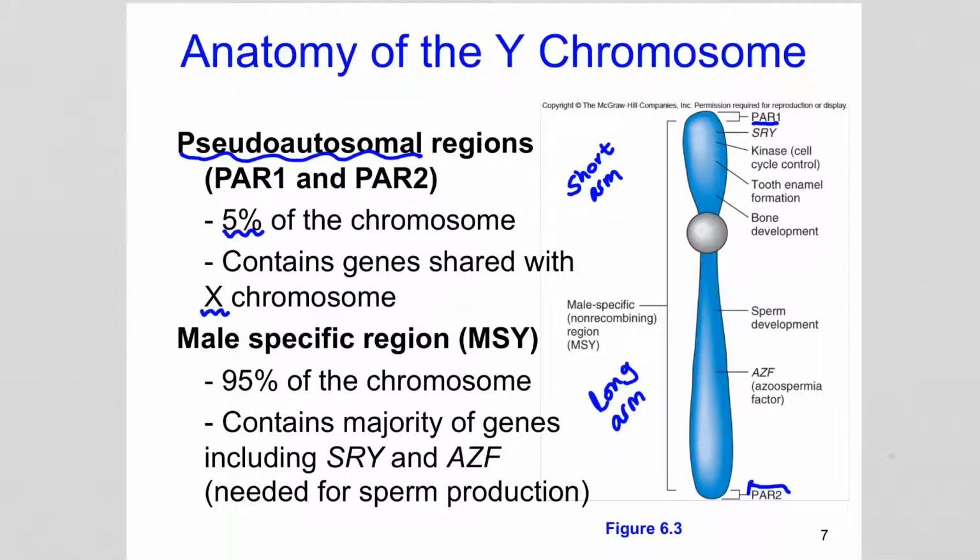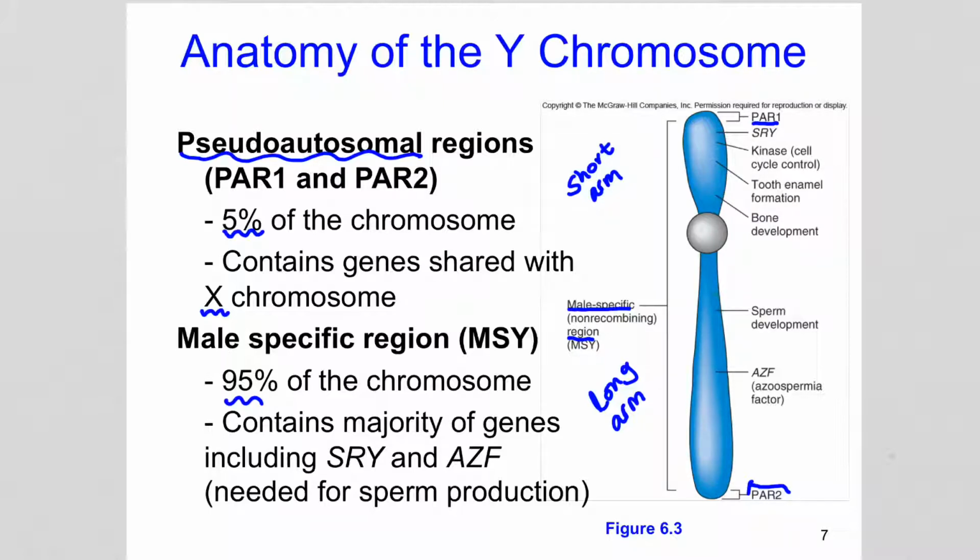So they're able to recombine and share information because it's the same genes found in these regions. So the majority of the chromosome, about 95% of it, does not recombine with the X. And we refer to this as the male-specific or non-recombining region, or MSY.